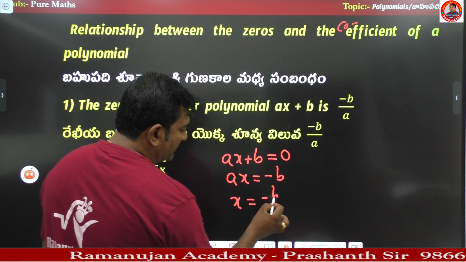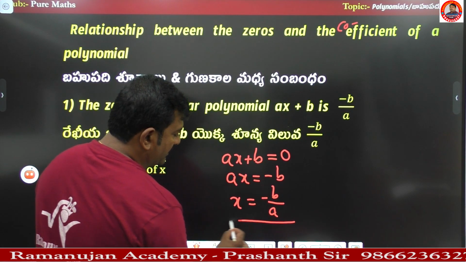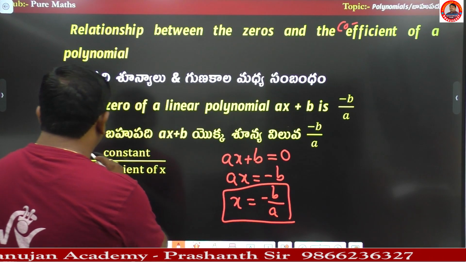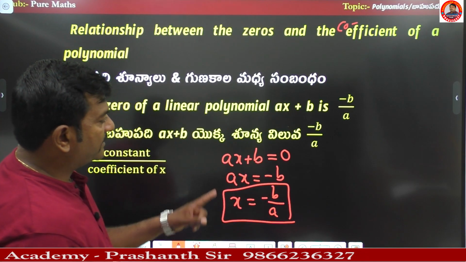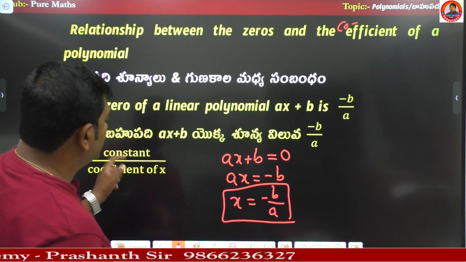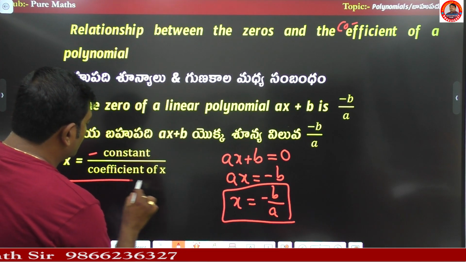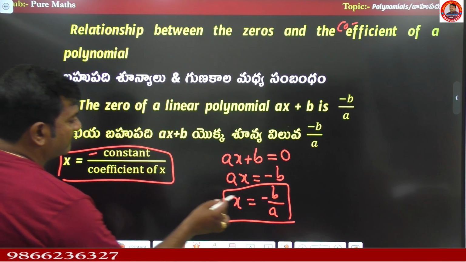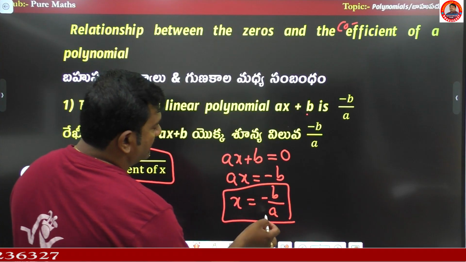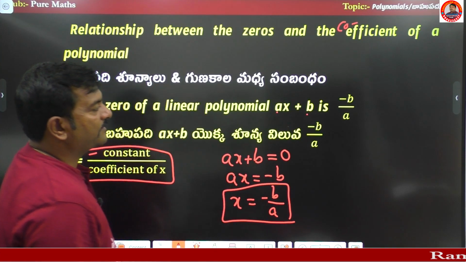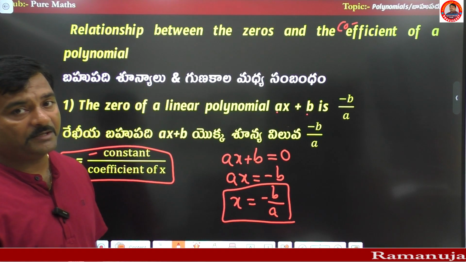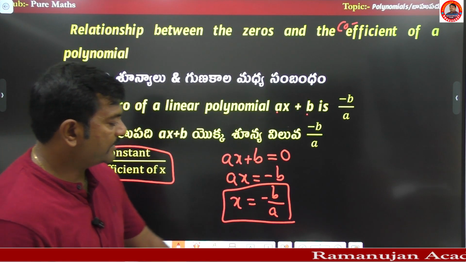From this x is equal to minus b by a. Therefore, from the above condition, shall I say root of this polynomial is nothing but minus constant by coefficient of x? Yes. What is b here? Constant. What is a here? Coefficient of x.